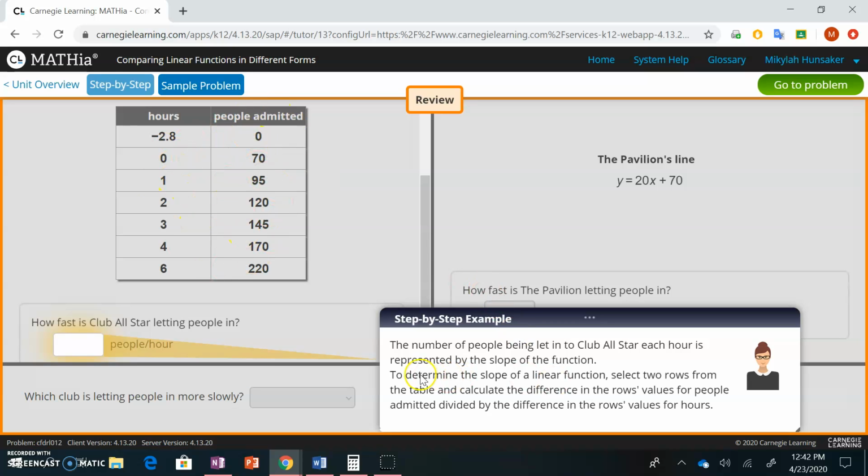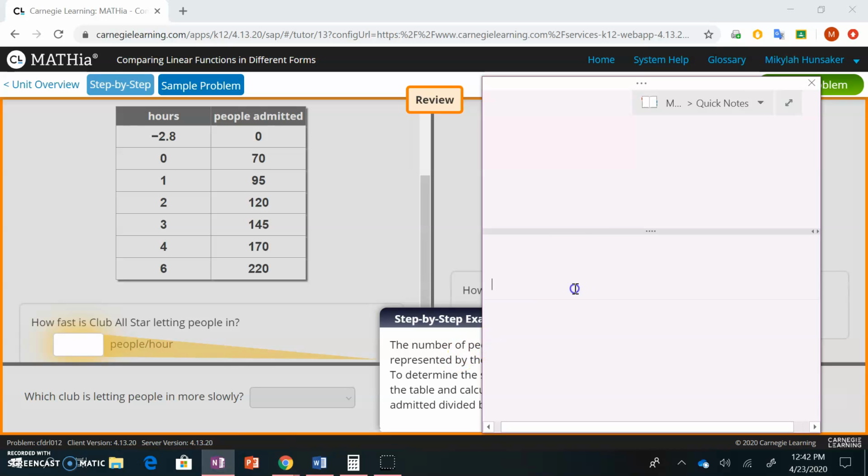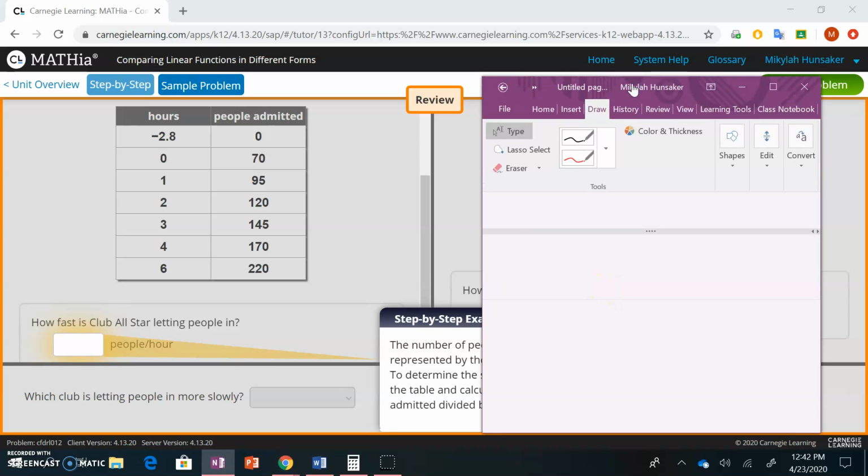Their hint is to determine the slope, select two rows from the table and calculate the difference in the rows' values for people admitted divided by the difference in the rows' values for hours. So this is, if you remember, we had an equation. Okay, let's see if I can get this to work for me this time.